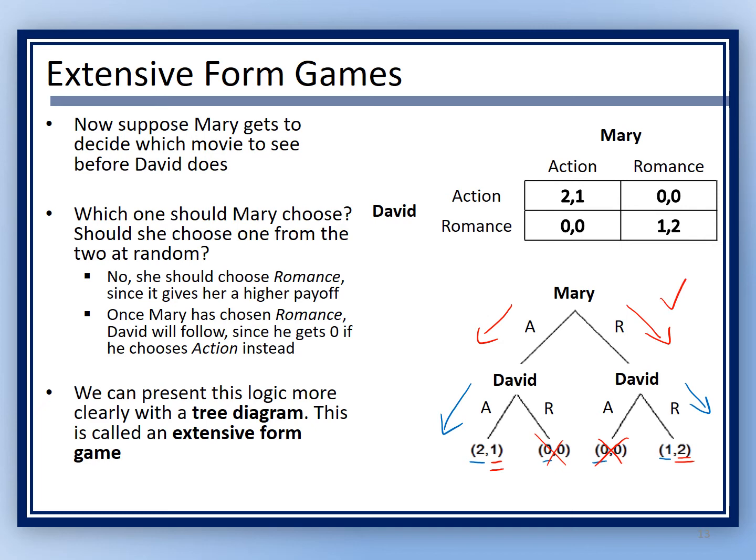She's going to choose the romance movie because she can predict what's going to happen. If she chooses the romance movie, David is going to follow, and she gets 2. If she chooses the action movie, David will follow, and she's going to get 1 only. So she's going to pick the romance movie.